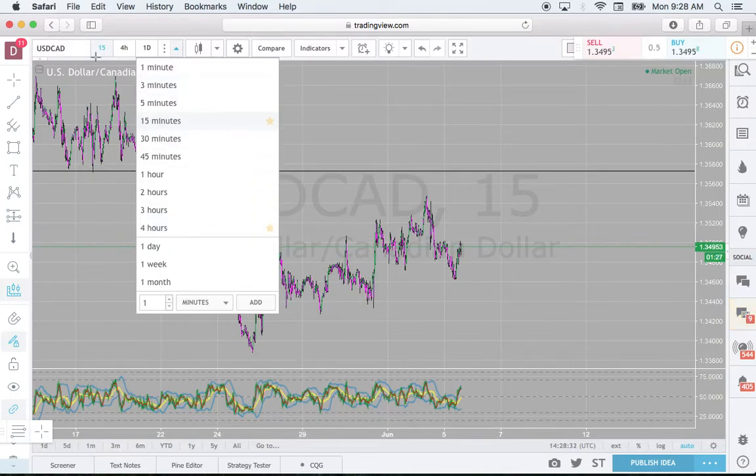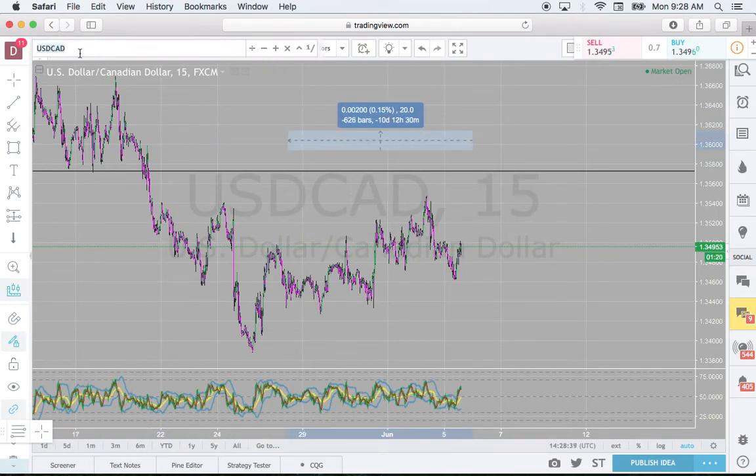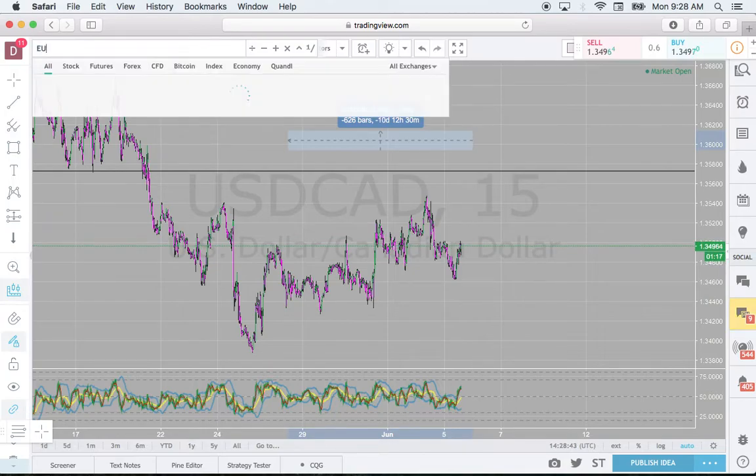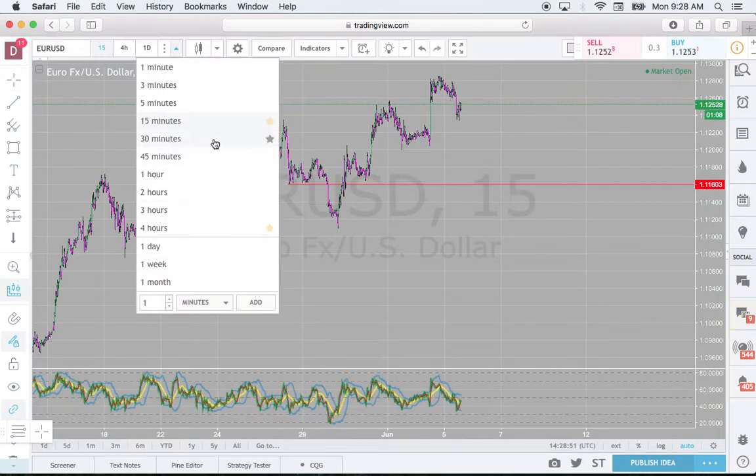So, here is what we talked about. You can go find different currencies, Euro USD for example. Up here we have the time frames, the time interval, like we talked about.